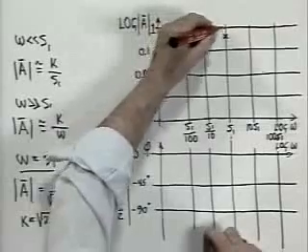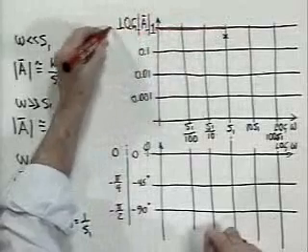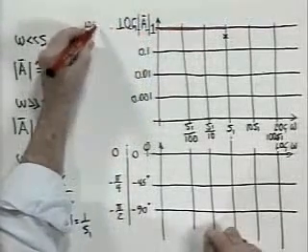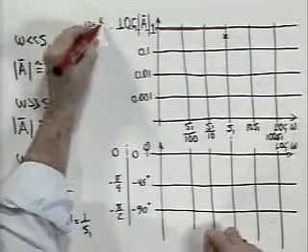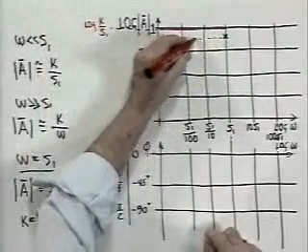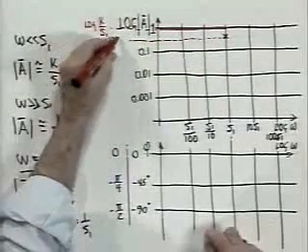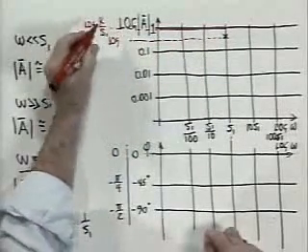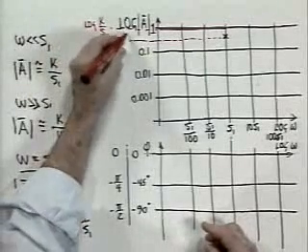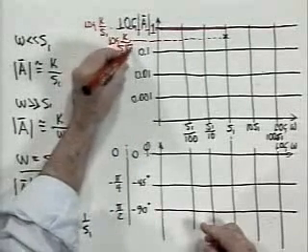So the value here is log K over S1, and the value at this point is effectively log K over S1 square root of 2.